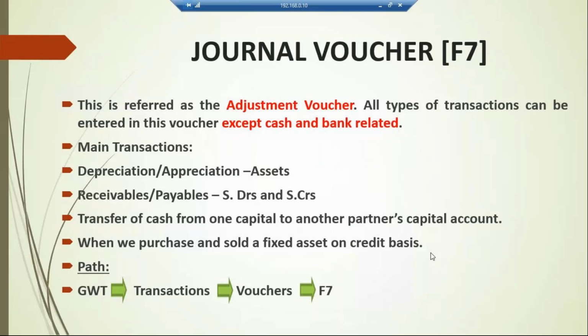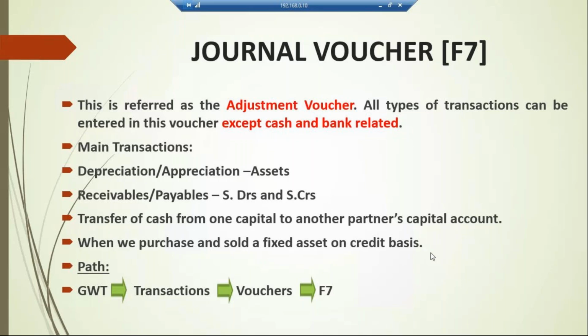Which are the main transactions? Depreciation and appreciation, receivable and payable, transferring an amount from one partner's capital to another partner's capital account, and purchasing or selling a fixed asset on credit basis. So all the adjustment entries can be done in your journal voucher except cash and bank.